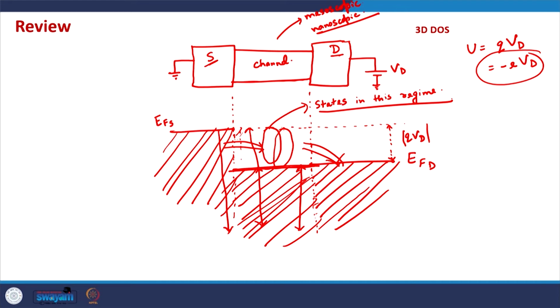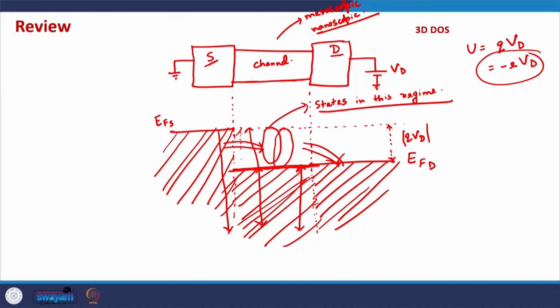For example, if the channel material is such that there is no electronic state in the channel between these energy values, in that case no conduction will take place in the channel, whatever be the voltage that we apply on the drain terminal. Okay. So if there is no state in the channel between the source Fermi level and the drain Fermi level, the conduction cannot take place.